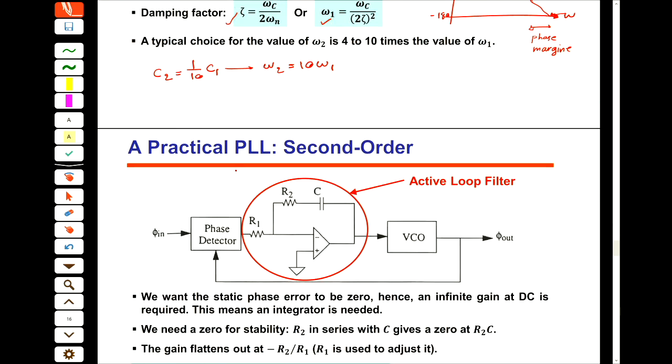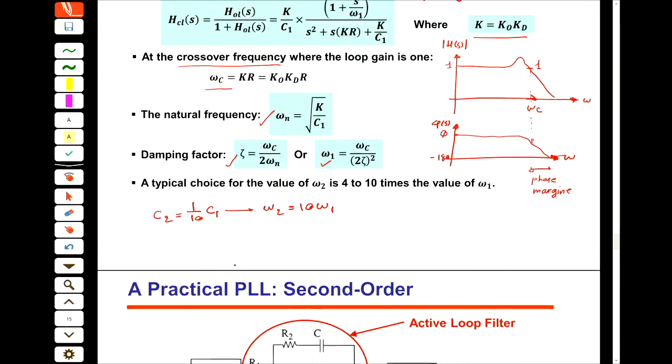All right. So to design a filter like this, again, we put the optimum value for the zeta. We know the value for omega c. We know KO, we know KD. We can get a number for R and put it here.